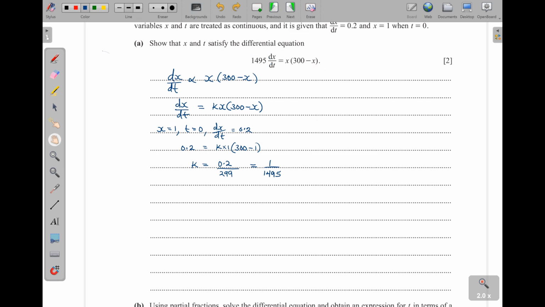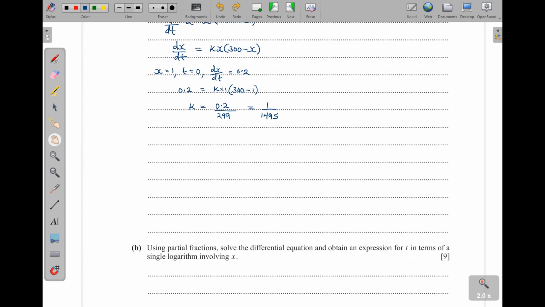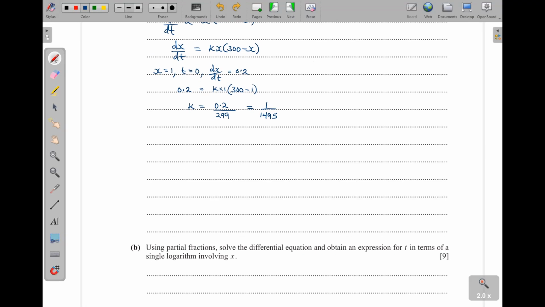Now we can proceed to write dx/dt. dx/dt is equivalent to that k, which is 1/1495, times x, into 300 minus x.